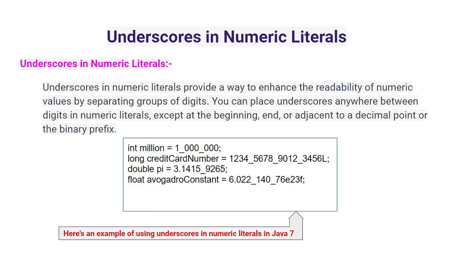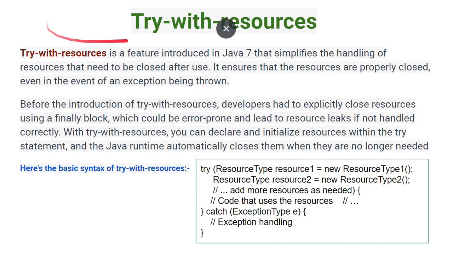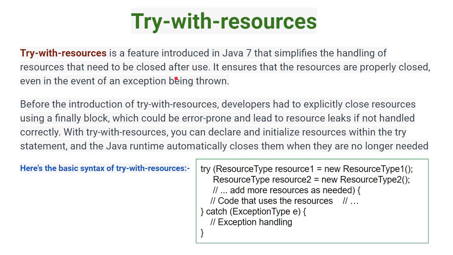Okay, let's go forward. What is try with resources? That is also a very important feature, guys. Basically, try with resources is a feature introduced in Java 7 that simplifies the handling of resources that need to be closed after use. For example, when we deal with the file system, we have file handling.